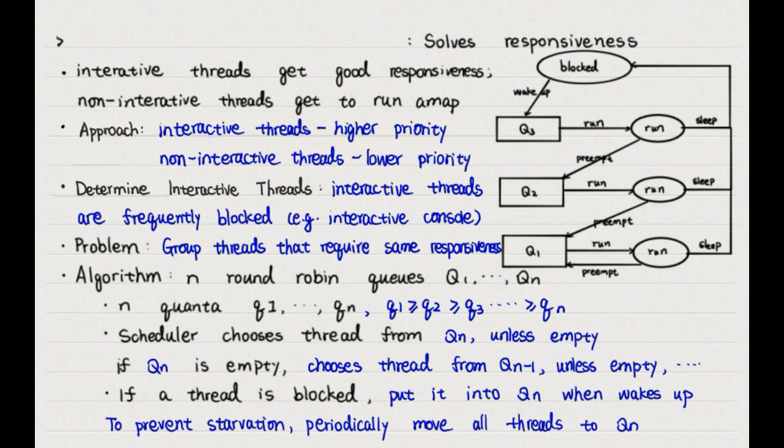This mechanism here is called multi-level feedback queues.